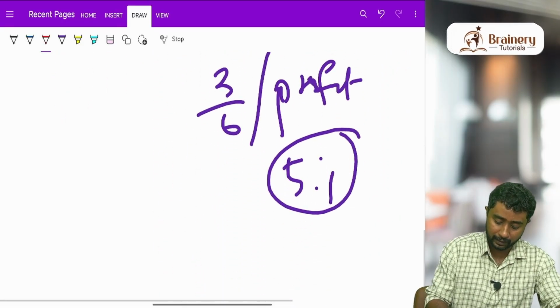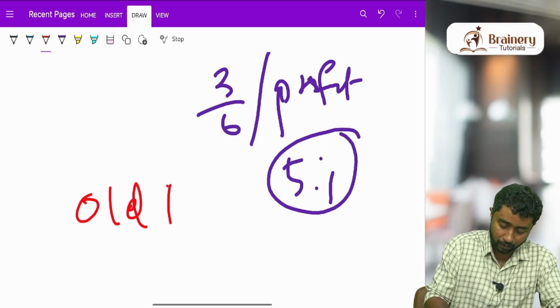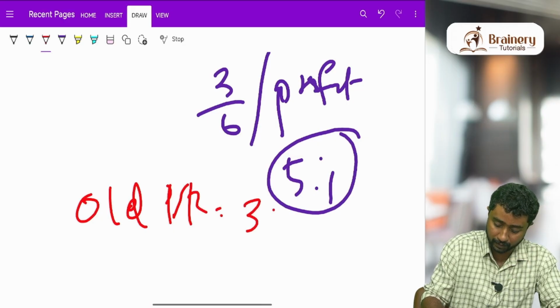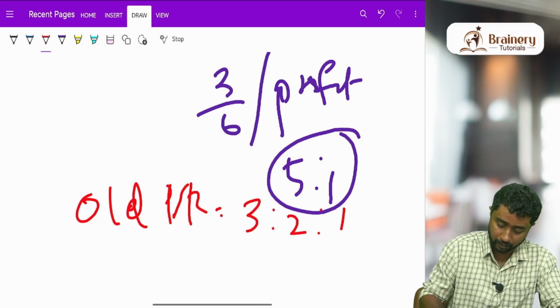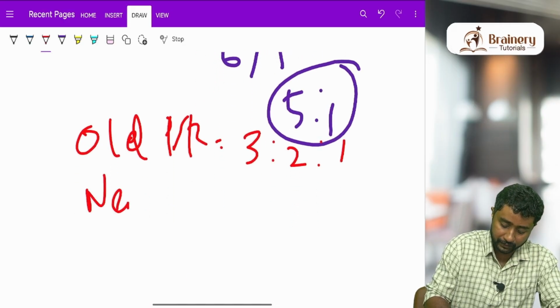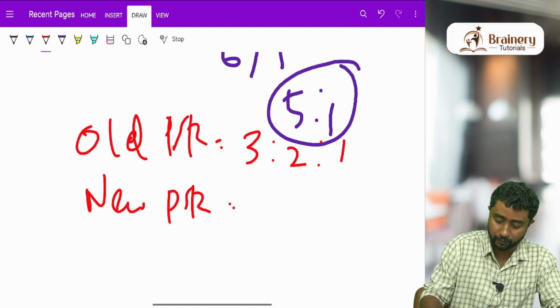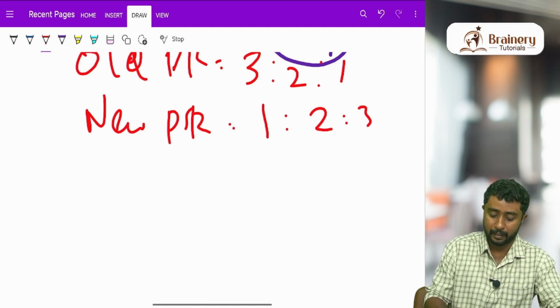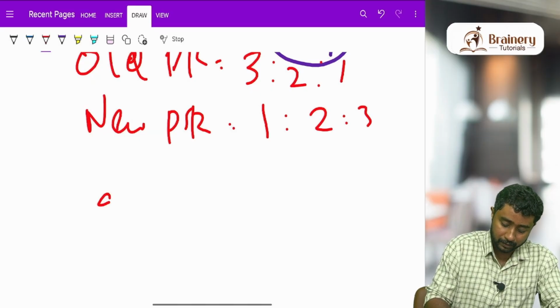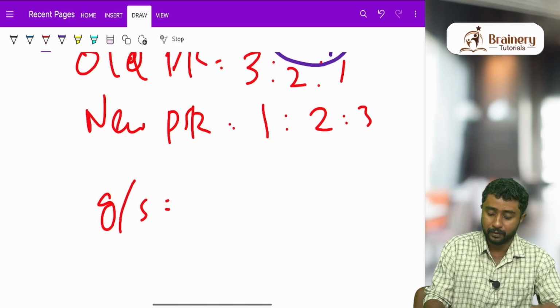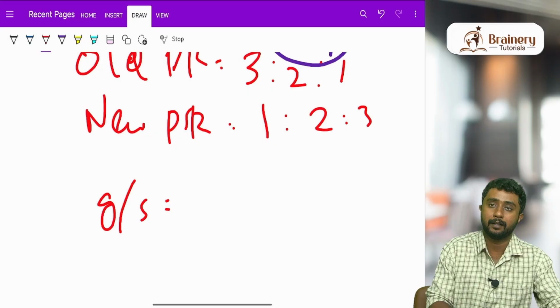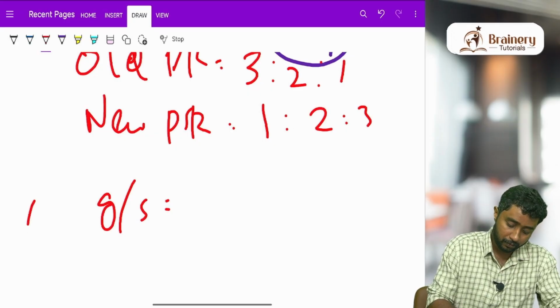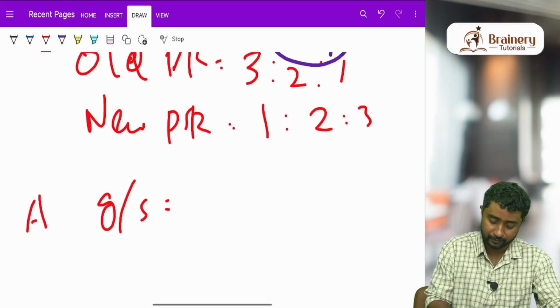For that we will write the old profit sharing ratio. What was the old profit sharing ratio? 3:2:1. Now the new profit sharing ratio, we already know, is 1:2:3. In order to calculate gain or sacrifice, the formula is, I will take the partners' names as A, B, C. First, A's gain or sacrifice.